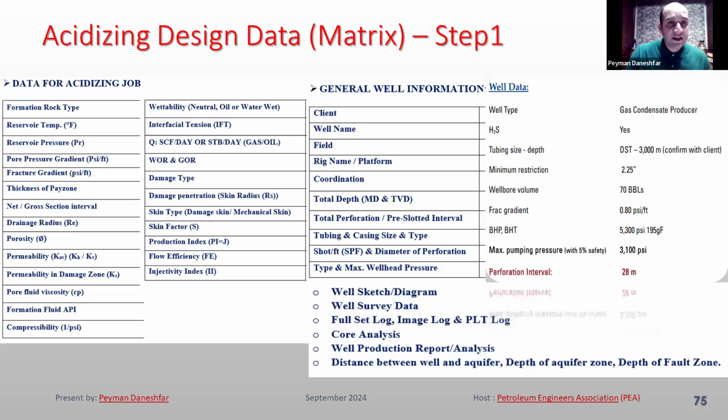Here, for the first step, this is a data table that I asked from my client to calculate and design the matrix acidizing. Here you can see the formation type and reservoir temperature. You should have this table for yourself, because maybe some parameters here help you in designing the matrix acid jobs.